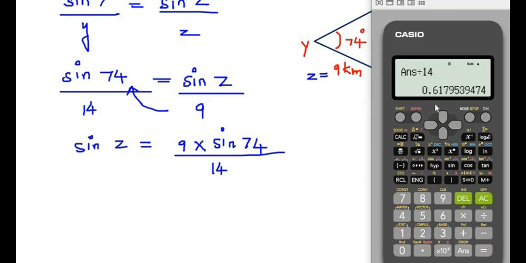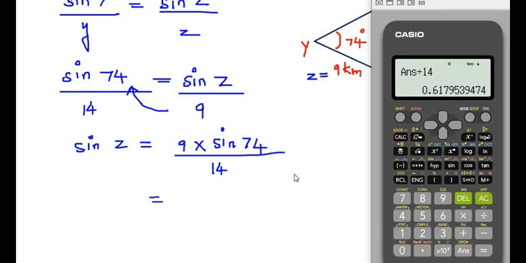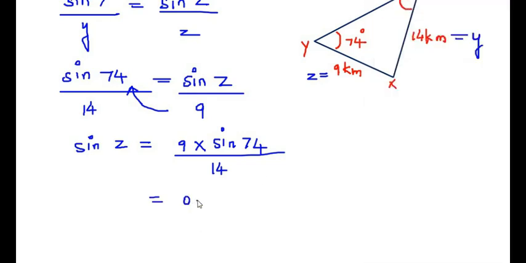So we have 0.61795. So we can take it and round it off as 0.6180. So this is sine Z. And if you want to find out only the angle, we have to do sine inverse of 0.6180.